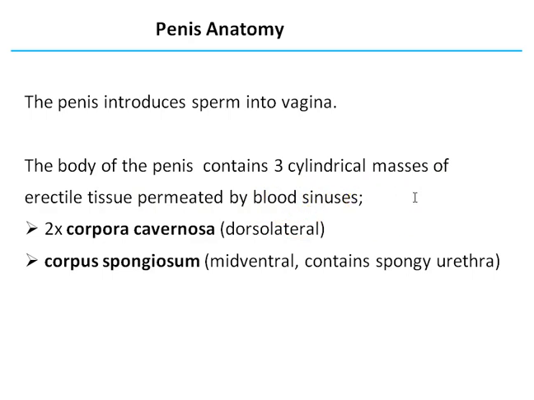They are permeated by vessels we call blood sinuses, which during the erection process become filled with blood. The names of these erectile tissue structures are the two corpora cavernosa, located dorsally and laterally on the penis, and then there's a single corpus spongiosum, mid-ventral, and this is the one that contains the spongy urethra.